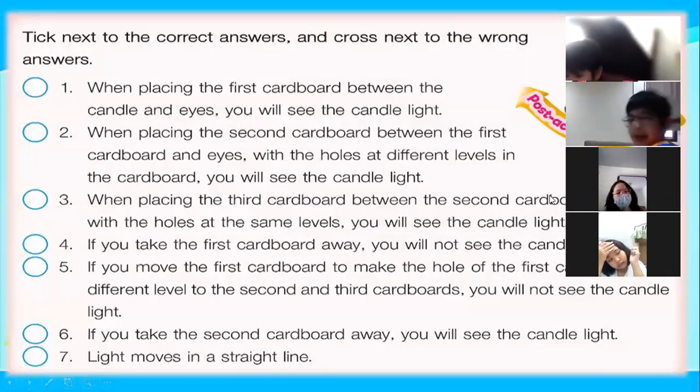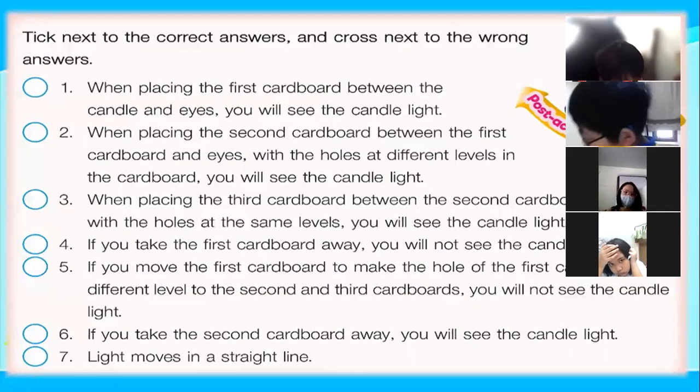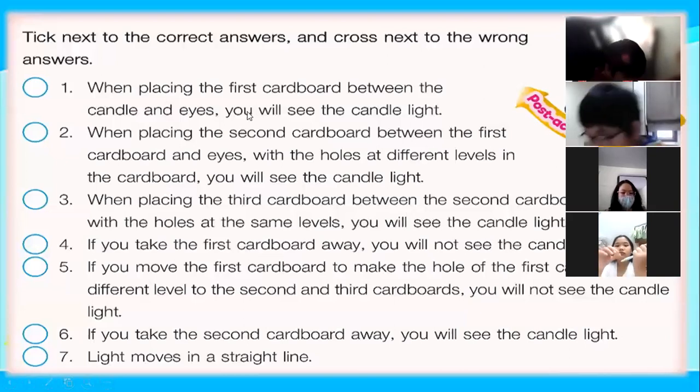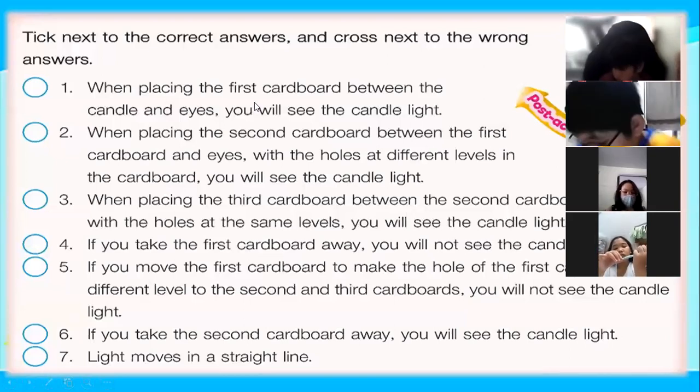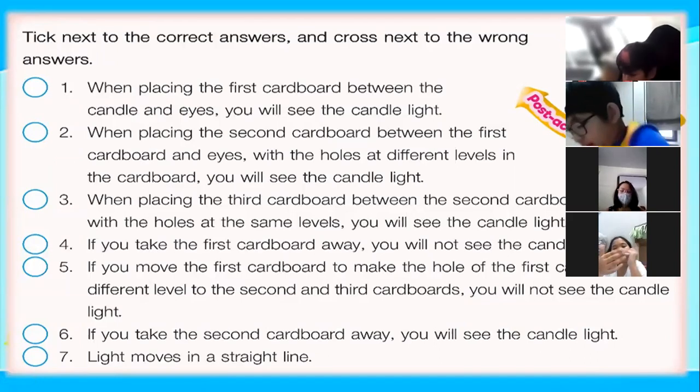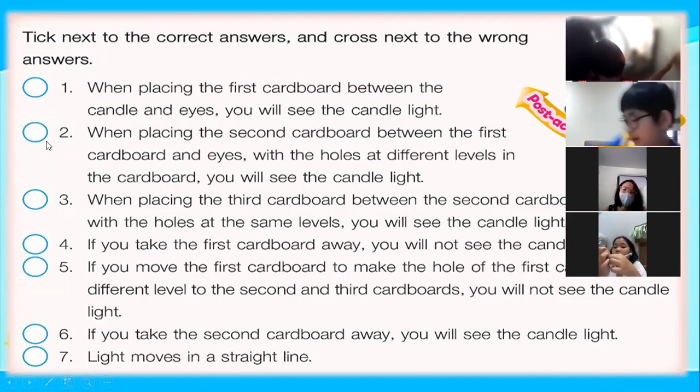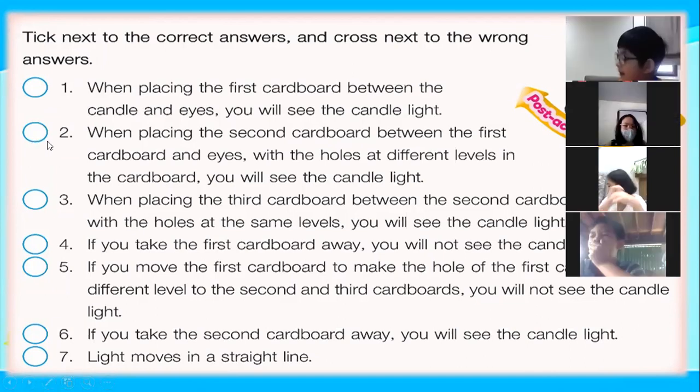Okay, very good. All right, now students, we have some more questions. For each statement, if it is correct we put a tick mark, and if it is not correct we put a cross. So tick next to the correct answer and cross the wrong statements.